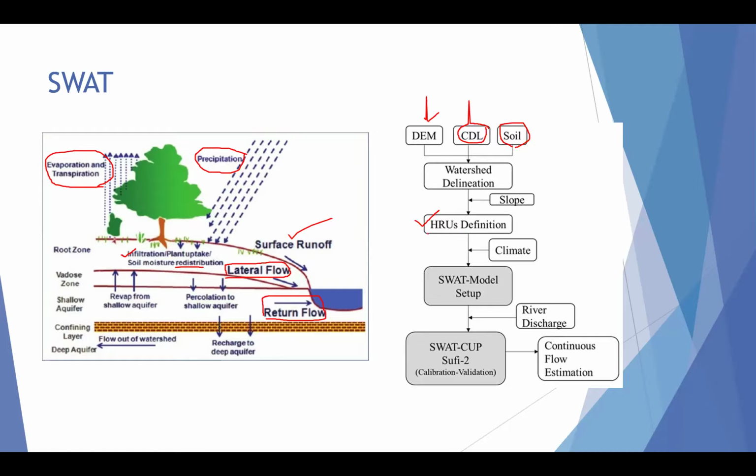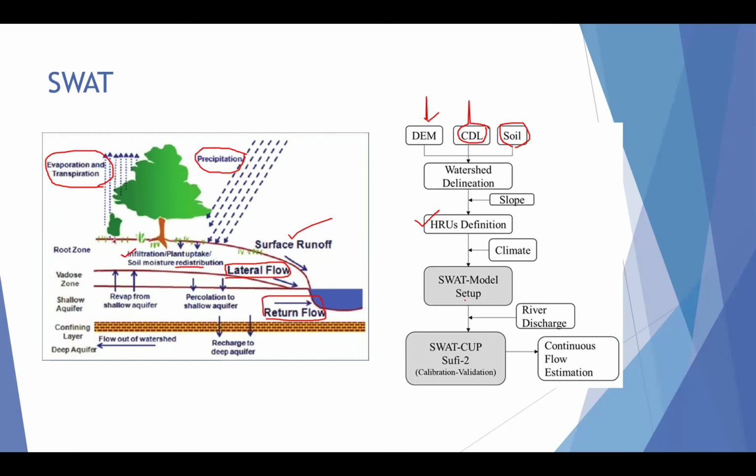That means you group a certain region and take the characteristics of that entire region as one single character, like the same slope and same soil characters. So HRUs will be defined.